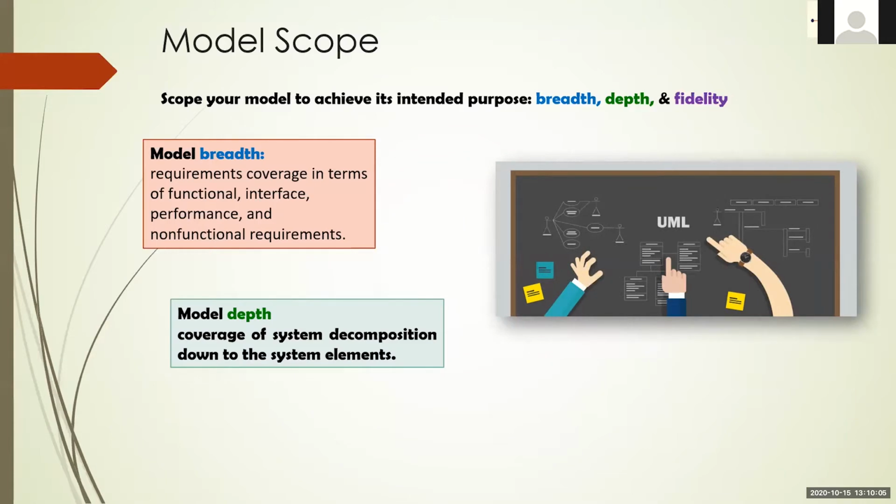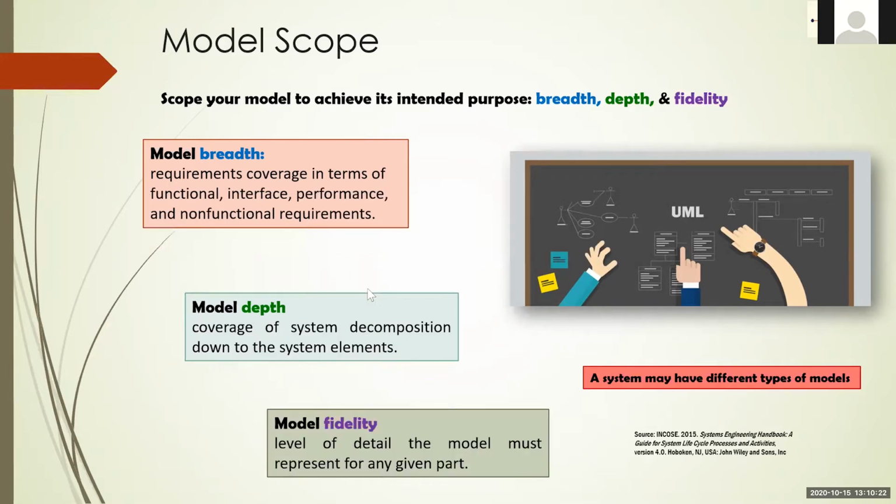On the depth, it's at what level do you want to do your model? Do you want to do it at the system level, or do we want to do it at the subsystem levels, or we want to get down and do it just at the element level? And the fidelity part, it is how much attention or how many characteristics or how many relations do we want to consider?